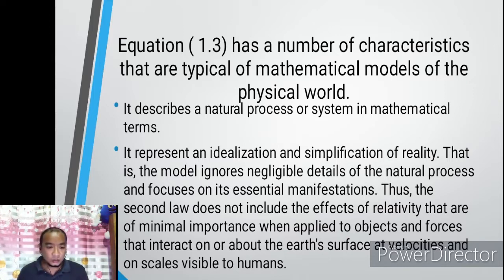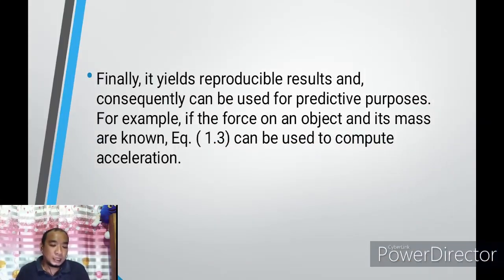Thus, the second law does not include the effects of relativity that are of minimal importance when applied to objects and forces that interact on or about the Earth's surface and velocities and on scales visible to humans. Finally, it yields reproducible results and consequently can be used for predictive purposes.